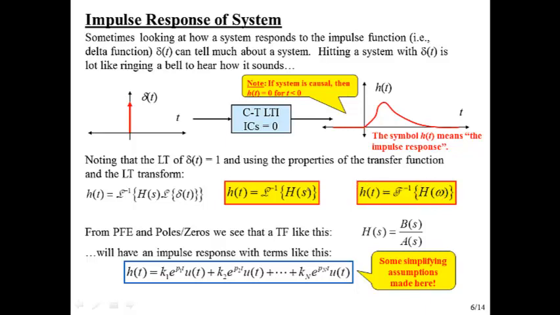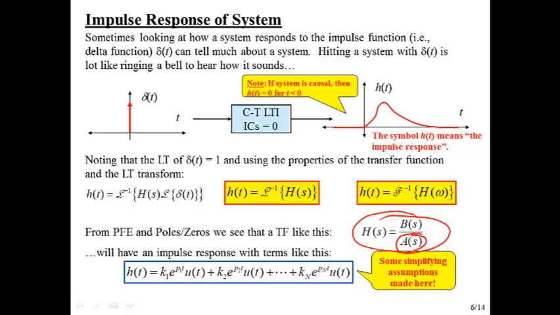Now, we'll make some simplifying assumptions here just to get a feeling for this. Suppose we have a transfer function that looks like that, and suppose that the poles of our system are all distinct.